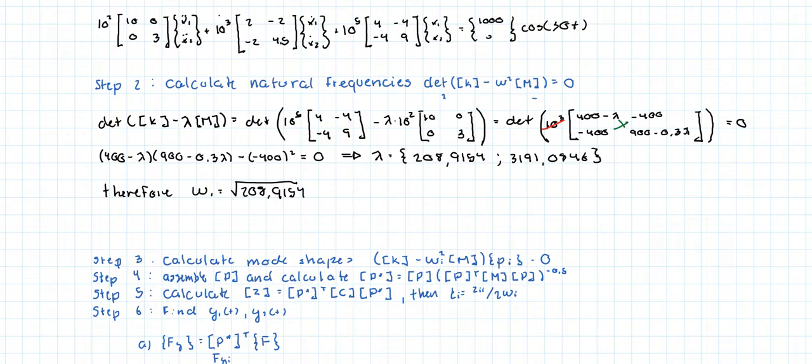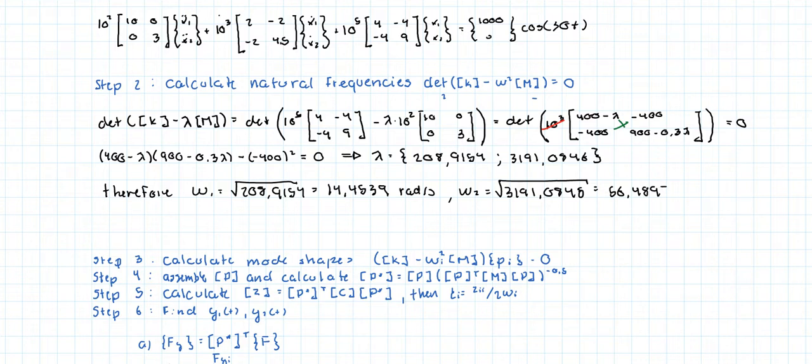That's 14.4539 radians per second, and the second natural frequency is equal to the square root of 3191.0846, and that gives us 56.4897 radians per second.